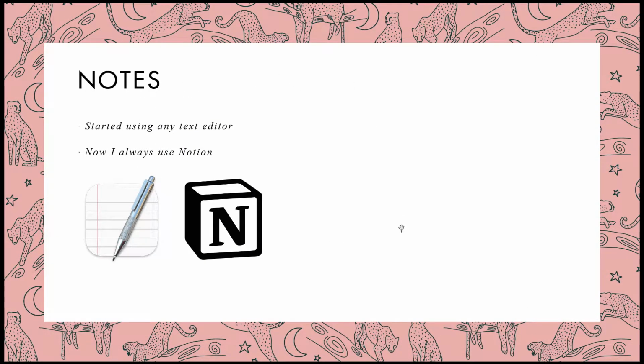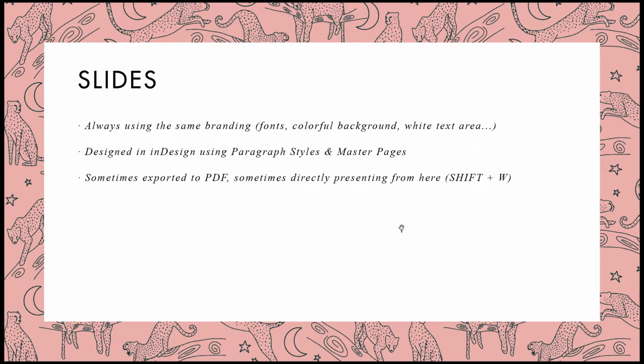Coming back to the presentation, let's talk about slides. I always use the same branding. That's something I started years ago, and you will see that I always use the same fonts, which are my brand fonts, and then a border background with a very colorful pattern design made from my own illustrations, and then the white area for the text.